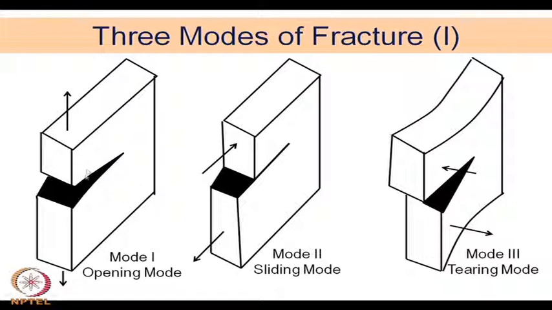As you can visualize, this is one of the easier ways for a crack to propagate: whenever the applied stress is in this direction, it is easier for the crack to propagate with a much lower stress.